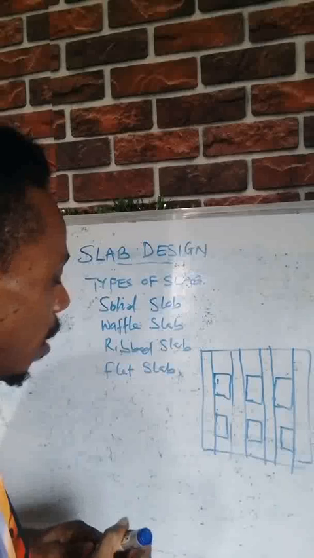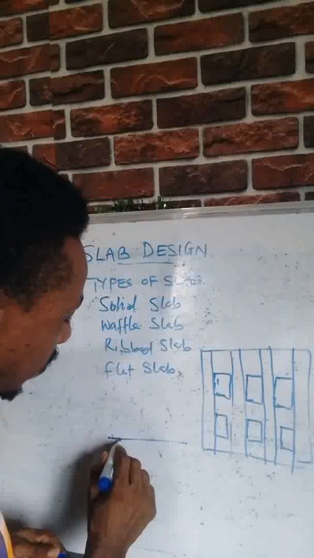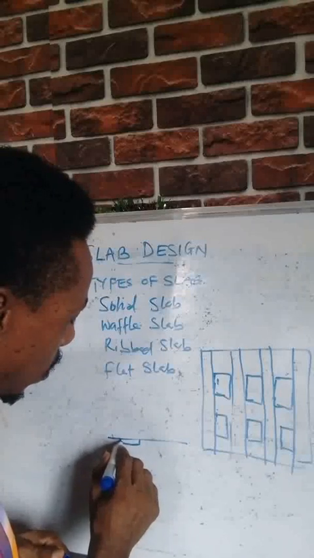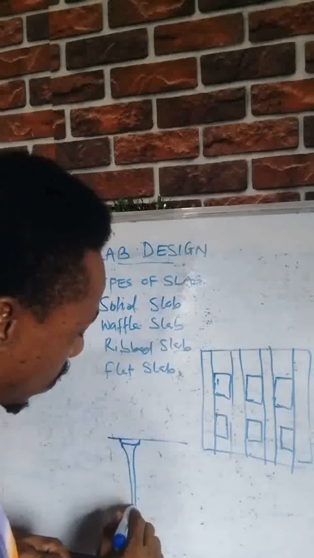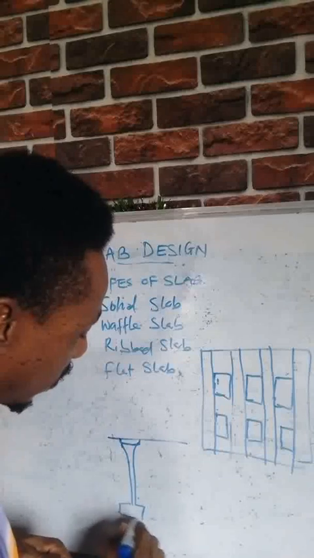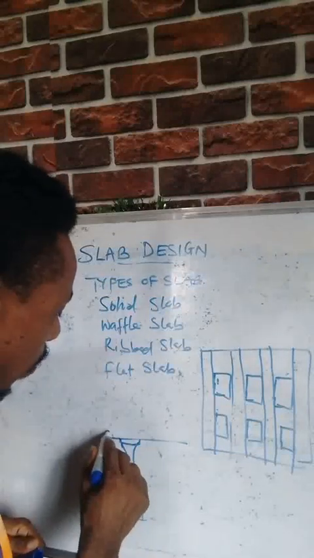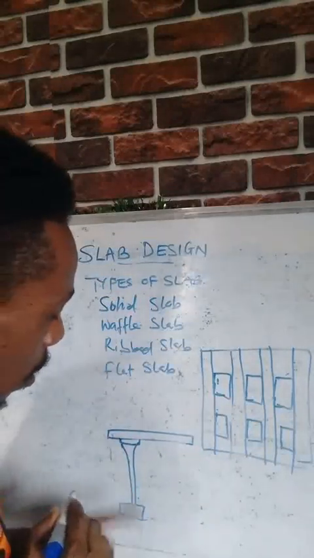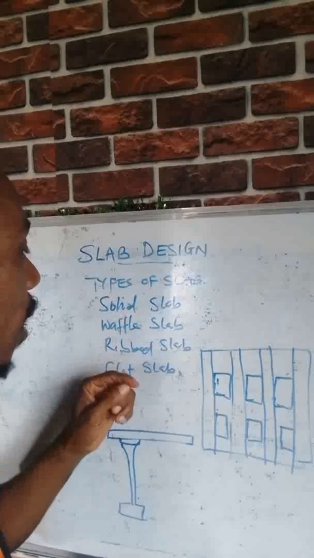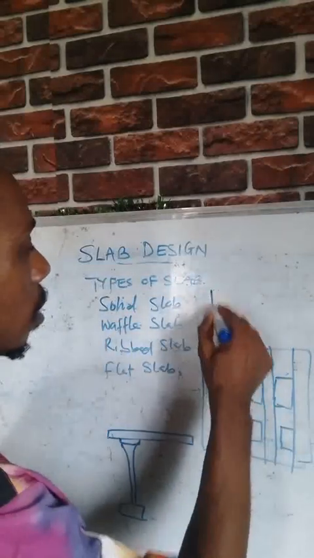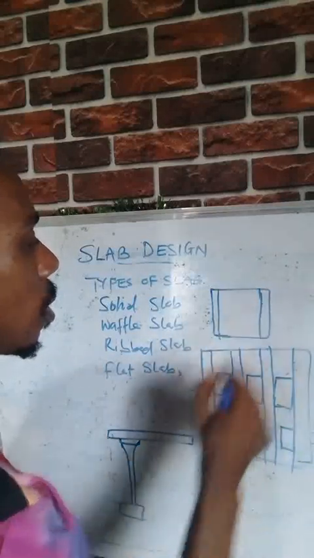Now the flat slab is the slab that rests directly on a column. Remember, in our solid slab, you discover that the slab is hinged to a beam.